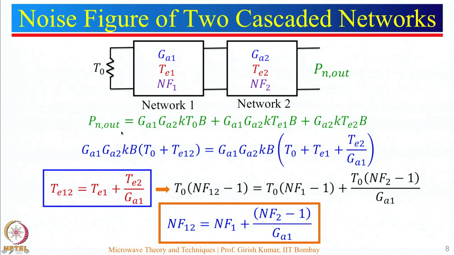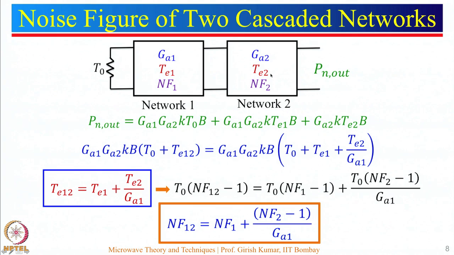So, Pn out is given by this particular term which corresponds to KT0B multiplied by gain Ga1 Ga2. You can see that this particular term corresponds to this temperature. Then Te1 is to be taken on the input side, so for this also KTe1B multiplied by Ga1 and Ga2.